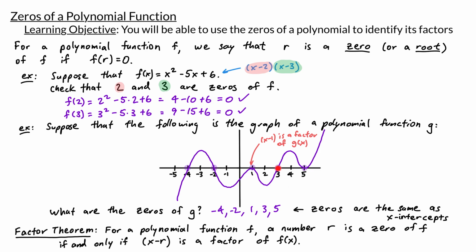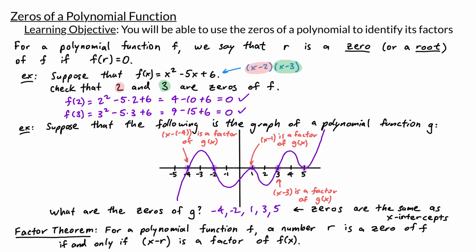Similarly, 3 is one of the zeros of g, which means that x minus 3 is a factor of g of x. And if we go over here to negative 4, we see that negative 4 is one of the zeros of g, which means that x minus negative 4 is one of the factors of g of x.